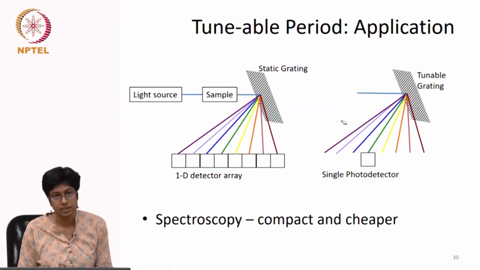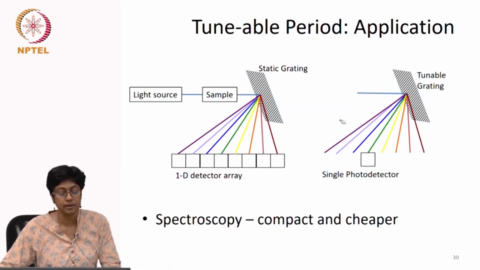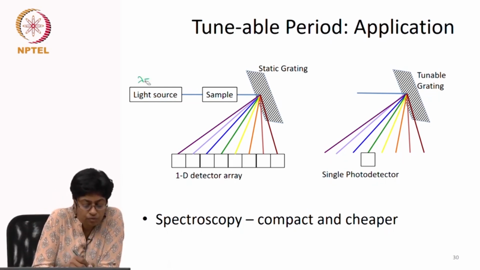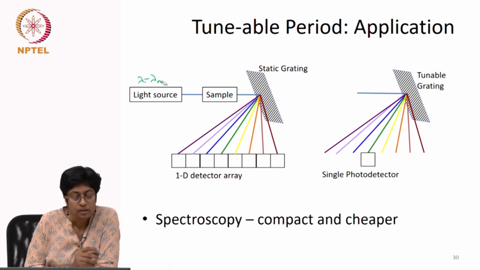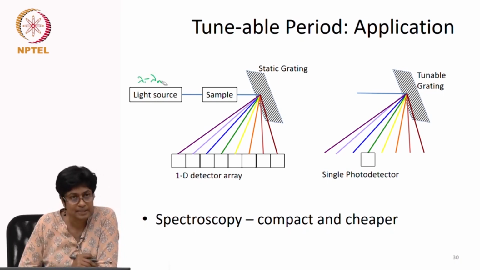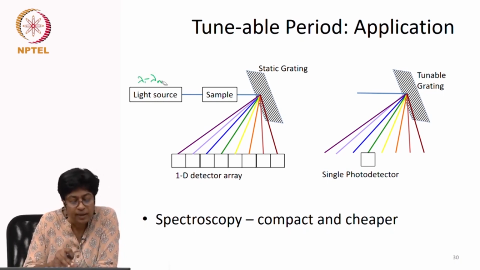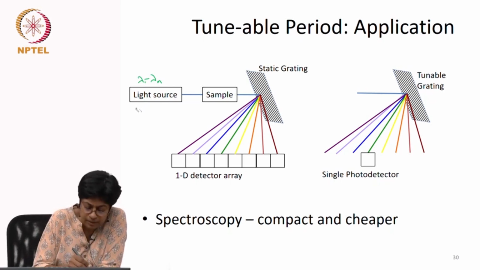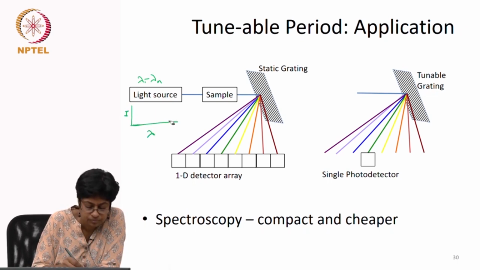Look at an application. Let's go back to spectroscopy. I have a light source. That means I have a range of wavelengths. Those different wavelengths are going through a sample, and from the way the wavelengths change through the sample, so let's say if I looked at intensity versus lambda here, I might have something like this.